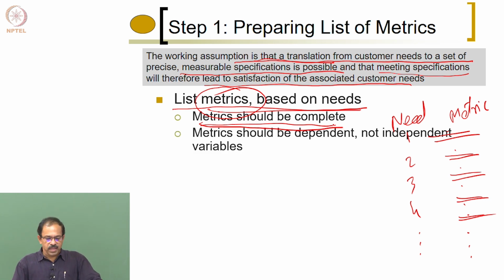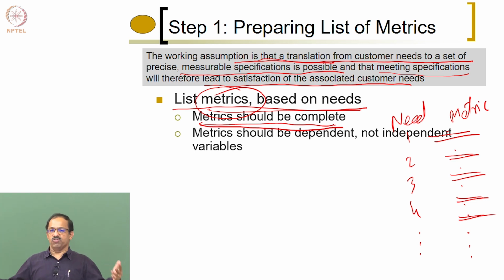Next one is, it should be a dependent, not an independent variable. When I say that, it means it should not be a variable which cannot be connected to something else. For example, somebody says it should be strong.